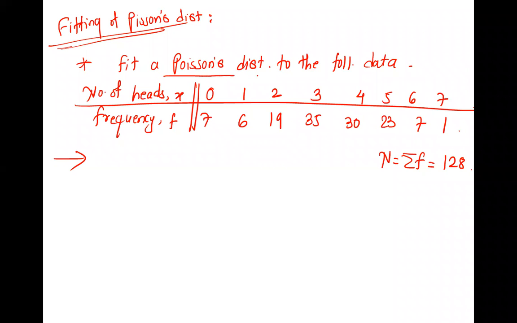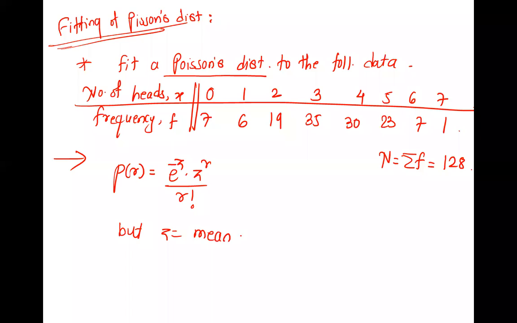And it is a Poisson distribution, means we can write the formula: e raised to minus Z, Z raised to R upon R factorial. Here, most important is Z. Z is N into P. We don't have P, so we need not write small n. Here Z is the mean.